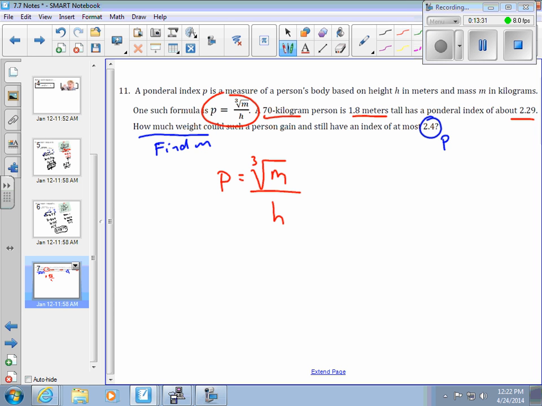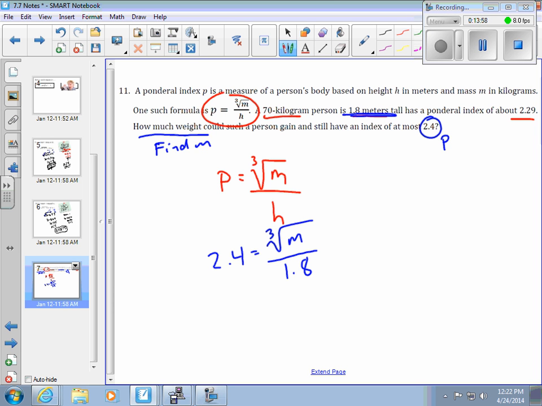Well, we're probably assuming that this person's not going to grow anymore. So their height should still be 1.8. So let's fill in what we have here. Our index is 2.4. We're solving for M. Our height, 1.8 meters. We're assuming the person's not going to be growing. So if we solve that, that would tell us what the mass or the weight of this person should be.